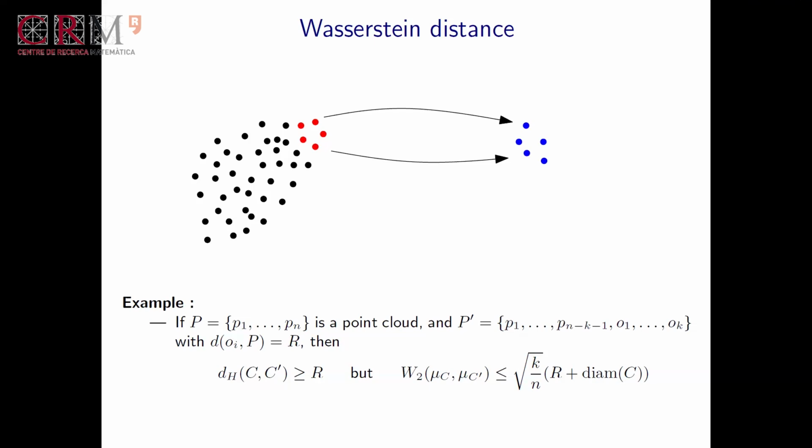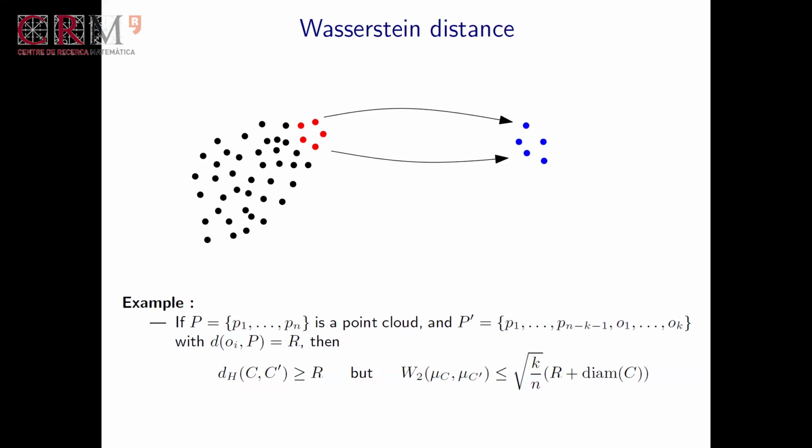Okay? Here, if I'm taking p equal to 2, I do that k times. So the total squared cost is just k over n times this distance squared. When I'm taking the square root, I get that the Wasserstein distance, for p equal to 2, between these two empirical measures is upper bounded by some constant times the square root of k over n.